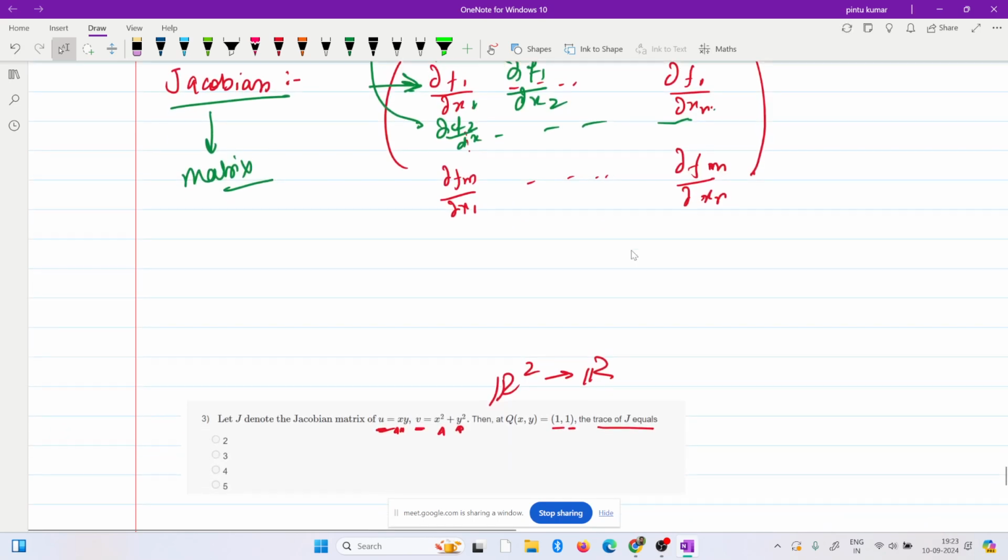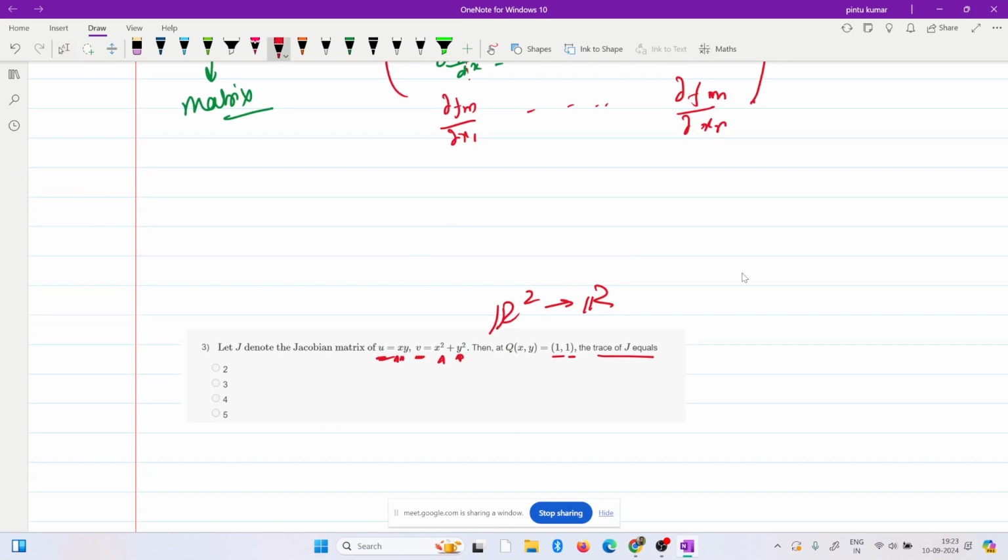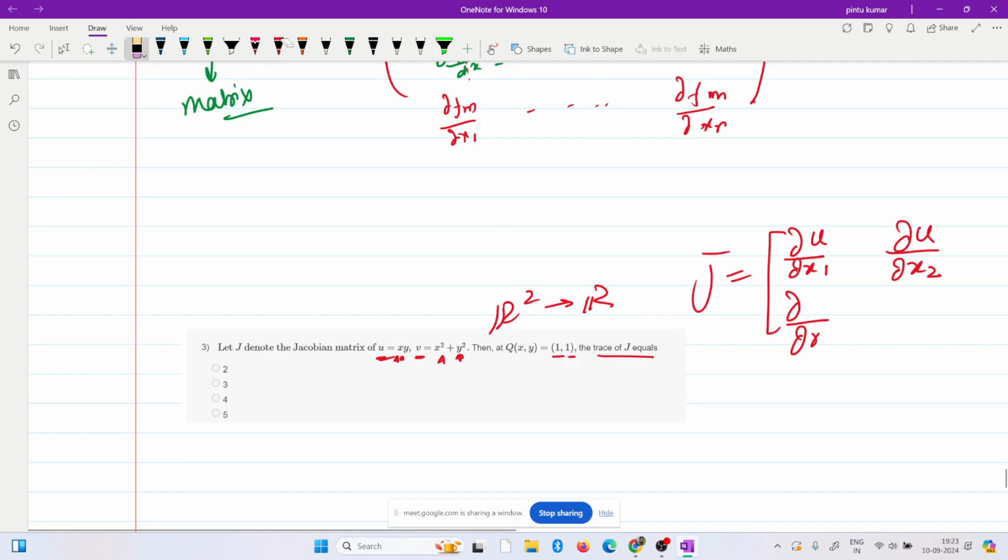Let's calculate the Jacobian first. It would look like del U by del x1, del U by del x2, then del V by del x1 and del V by del x2. Sorry, this is del V, apologies.